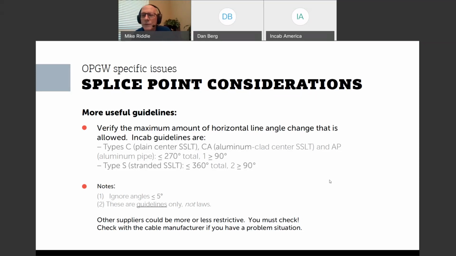This window is really small for me and it's hard to read. Here we go. There we go. That's a lot better.